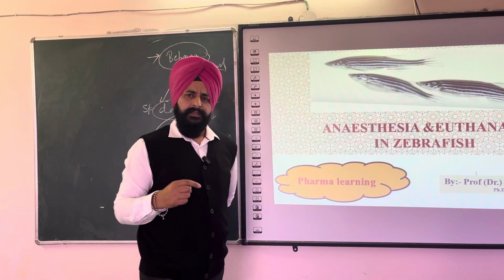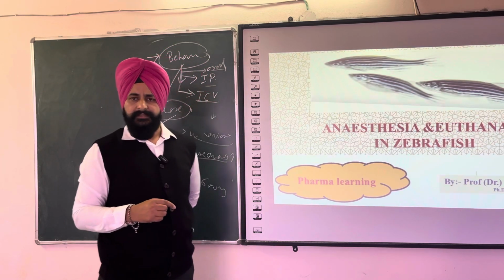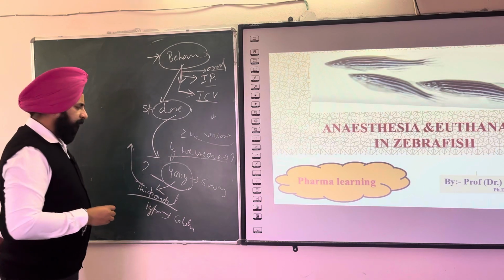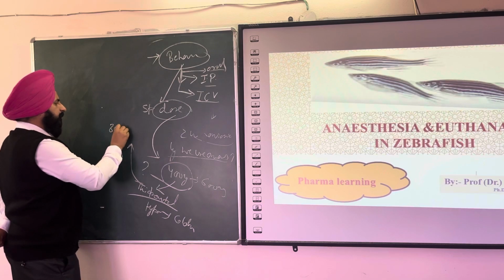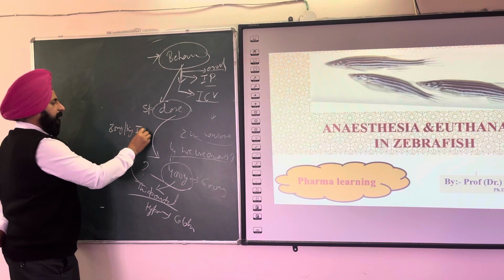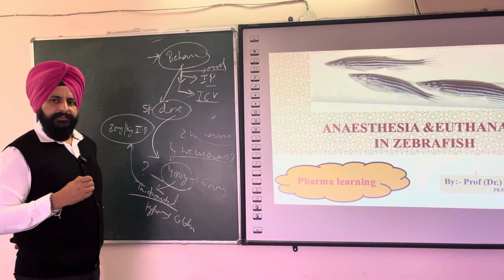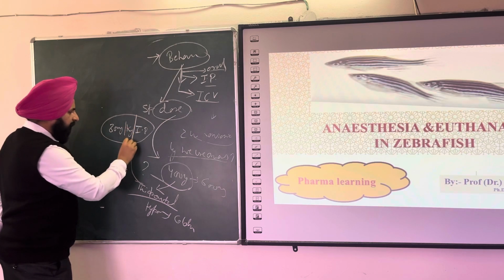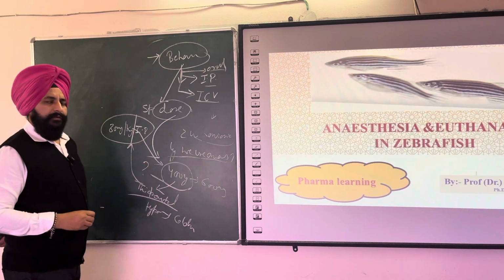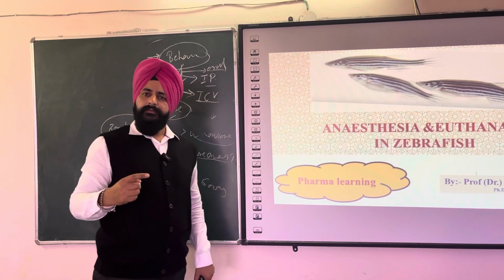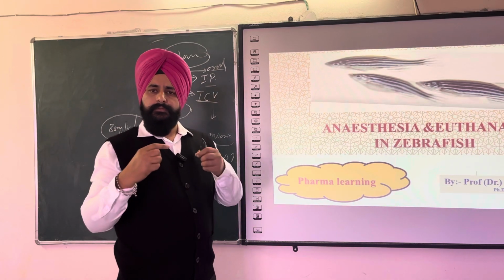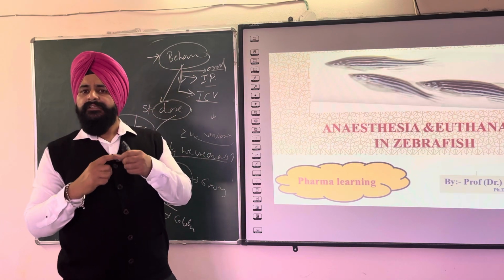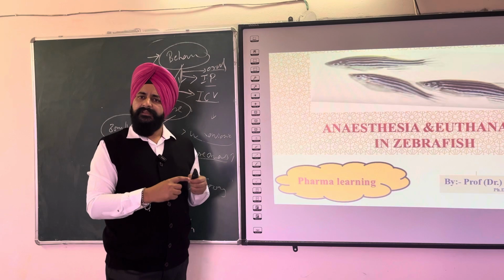Now the first thing, how will you select the dose of the drug? In experimental animals like rodents, we know that we use 80 mg per kg intraperitoneally of thiopental sodium. Either you can choose this mg per kg dose for the zebrafish for the weight of 400 mg, or you can select a particular published paper which has used a specific dose of anesthesia in the zebrafish.